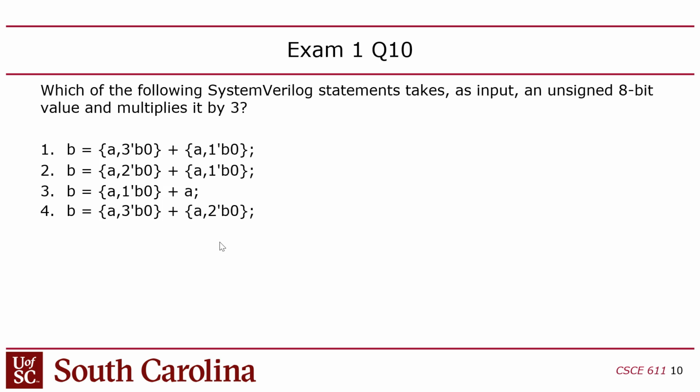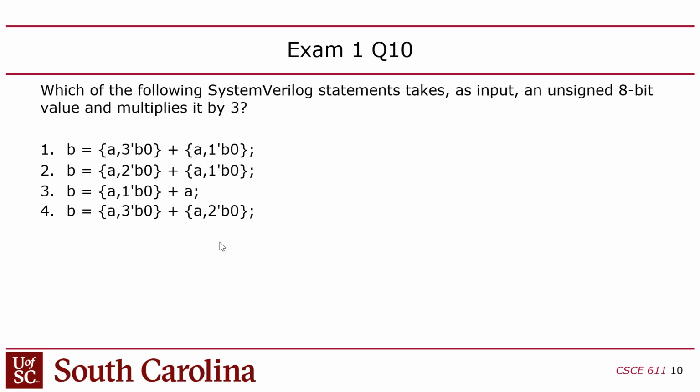shifted forms of A. So in this case, if you want to multiply by 3, you shift it by 1 bit to the left, which gives you the multiplied by 2 version, and then you add a shifted by 0 bits, right? Make sense? Okay. So that would be 3.